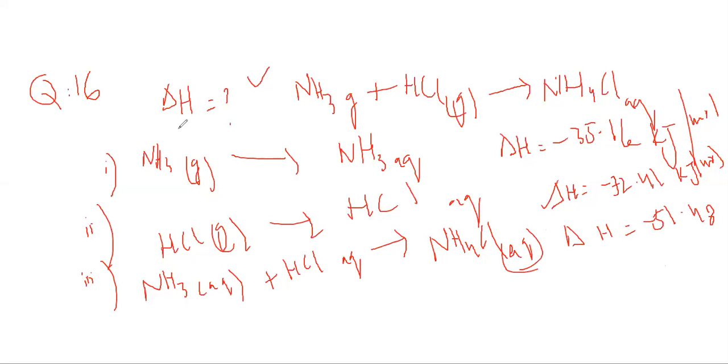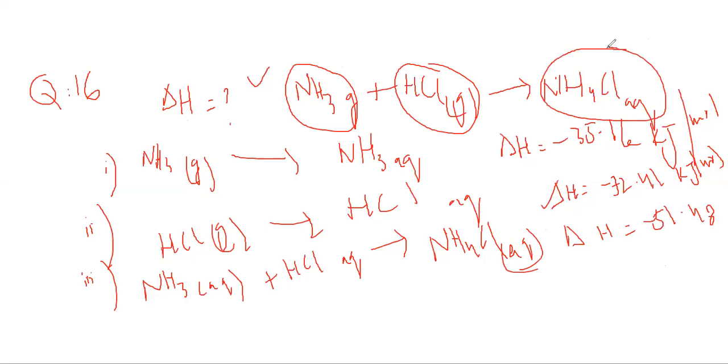They ask you the enthalpy change when gaseous ammonia and gaseous hydrochloric acid react and produce aqueous ammonium chloride. You can see in the first and second equations, gaseous ammonia and gaseous hydrogen chloride first convert into aqueous, and then these aqueous species react together and produce aqueous ammonium chloride.